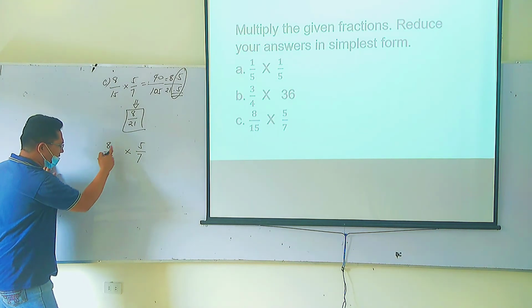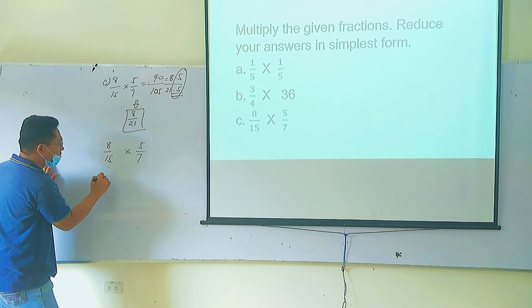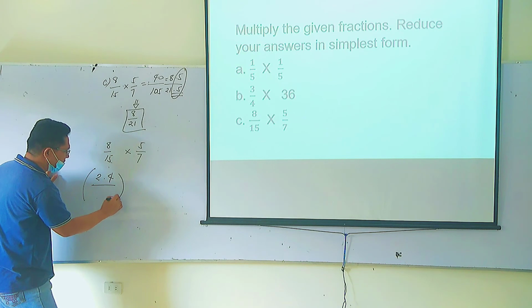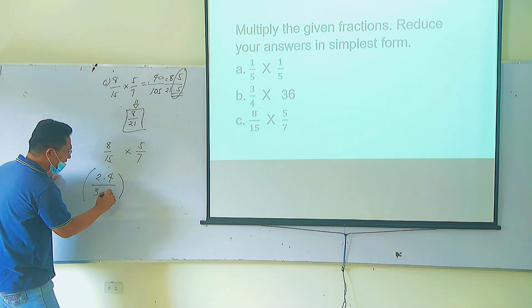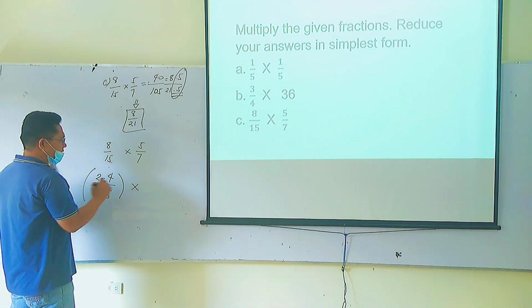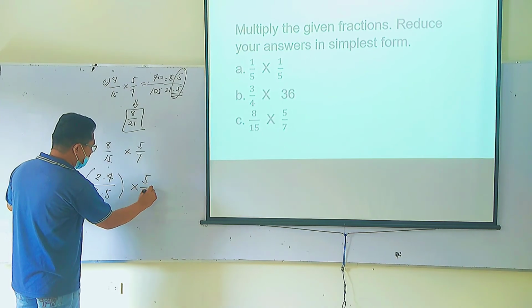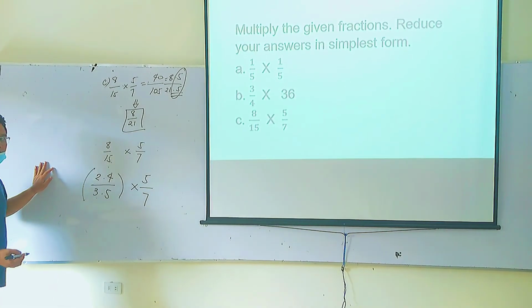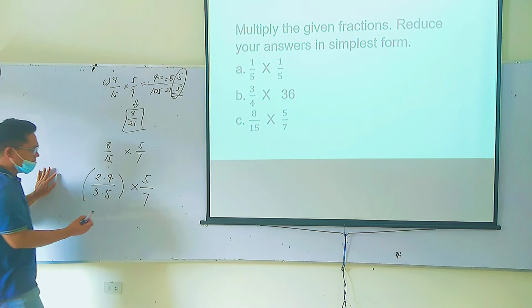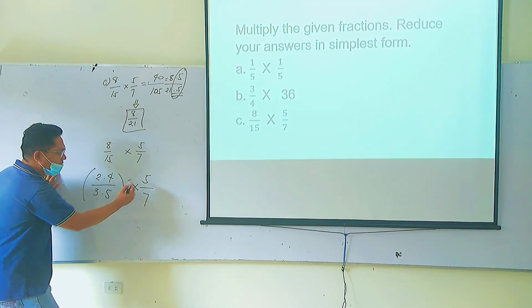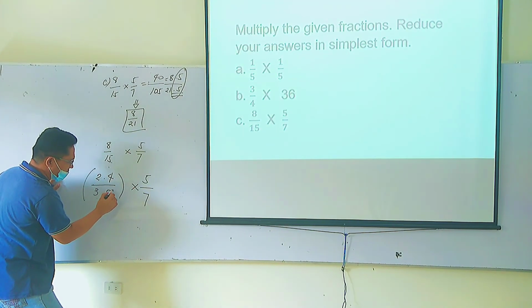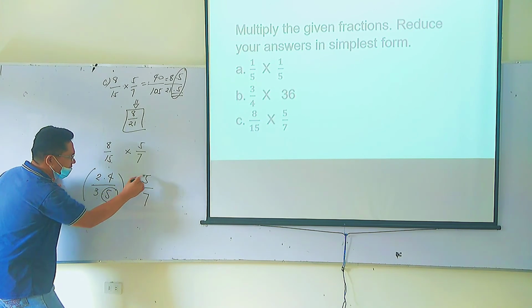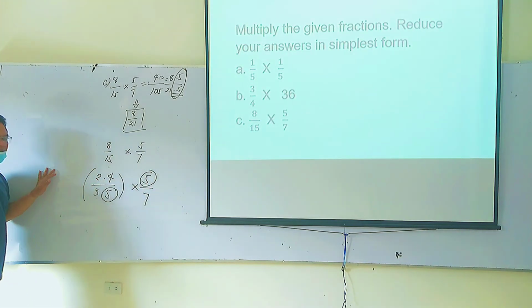So 8 is 2 times 4 over 15, which is 3 times 5, times 5 over 7. So that means the numerator and denominator can be cancelled. Cancel 5 here, cancel 5 here.